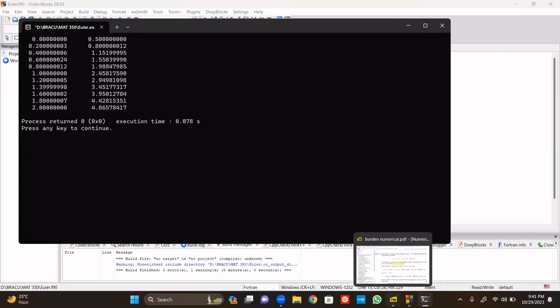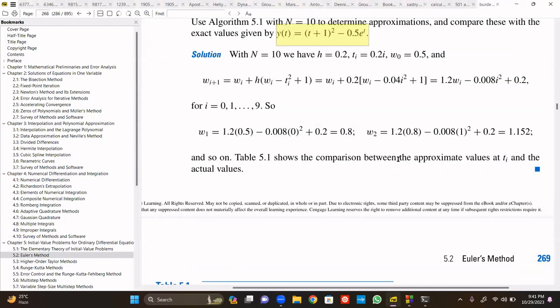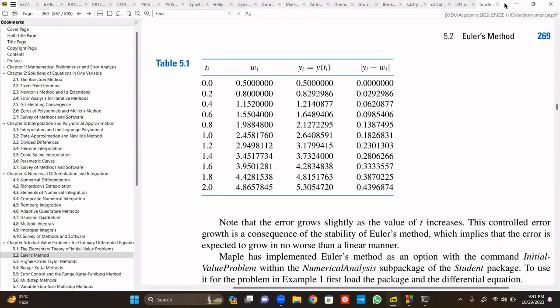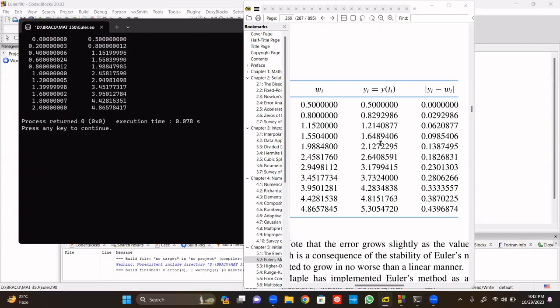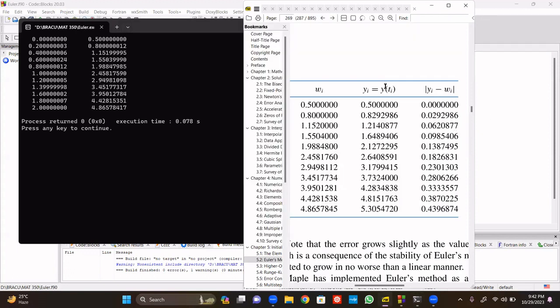Let's compare the results with the values given in Burden's book. Sorry. Okay, as we were saying, we already have the solution in tabular form in Burden's book, and this is the solution given in Burden's book in tabular form, and in the black screen you can see my solutions.